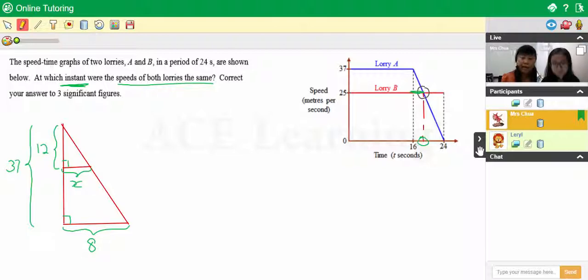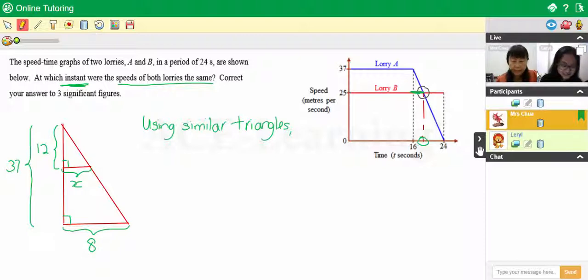Now, how are we going to make use of similar triangles to find x? I'm going to write here: using similar triangles, and you are going to write down the steps for me. Can you try to find x using similar triangles? Okay.